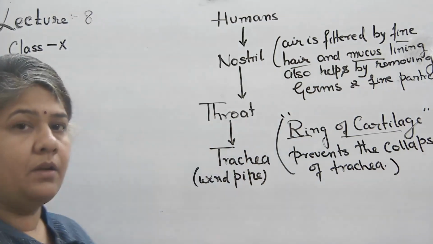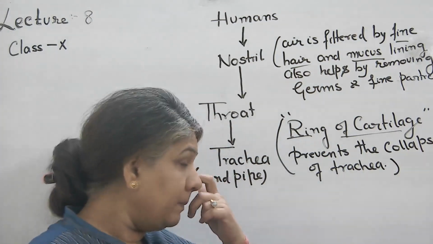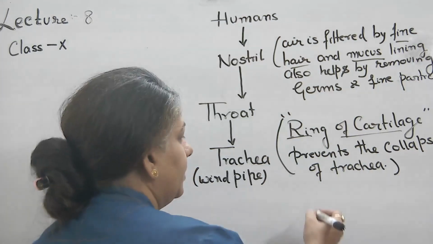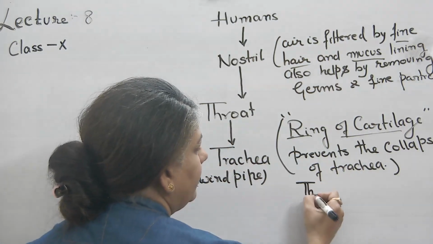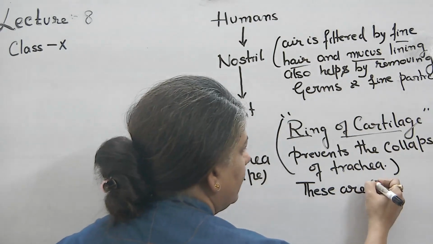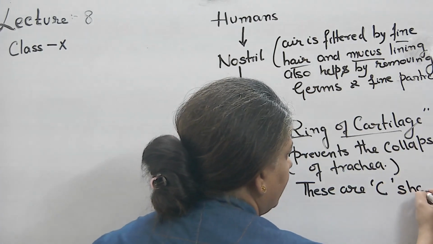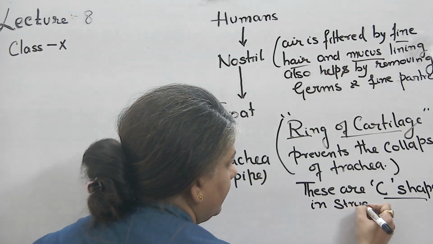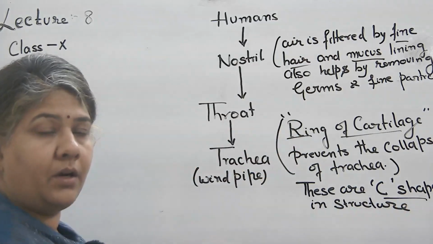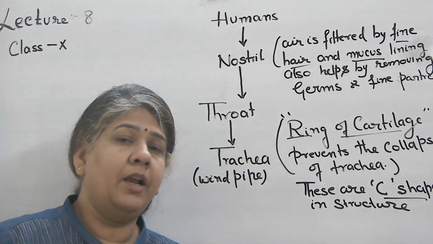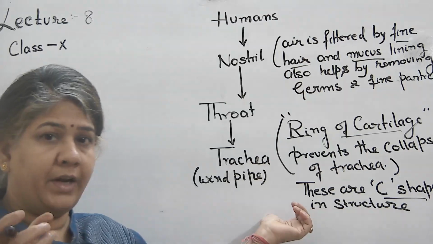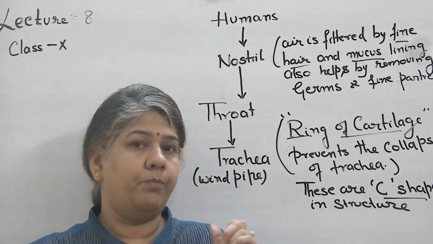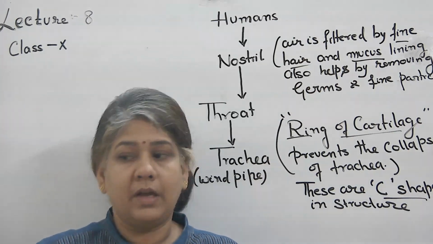These rings are present till the bronchi. These rings are C-shaped in structure. They are not a complete circle, but they are C-shaped. C-shape helps to collapse the windpipe when food is passing through the esophagus, because both the esophagus or food pipe and trachea are running one behind the other in our body.